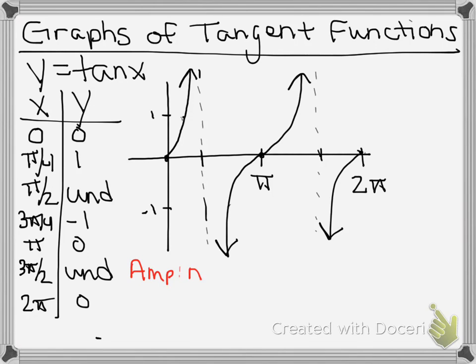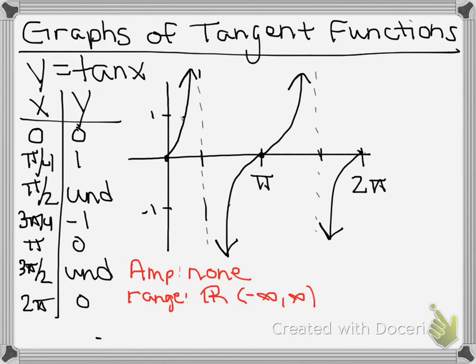So therefore, there is no amplitude. Tangent will never have any amplitude. So let's look at the range. Well, how far down to how far up does it go? The range is all real numbers. So you can write the funky R, or you can say -infinity to infinity. They both represent the same thing.